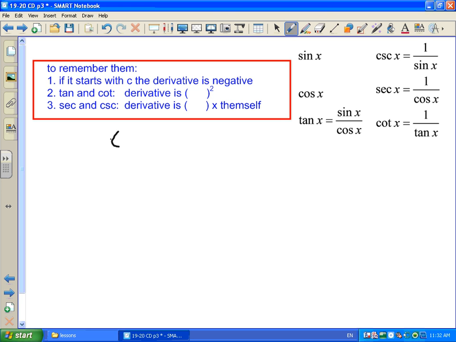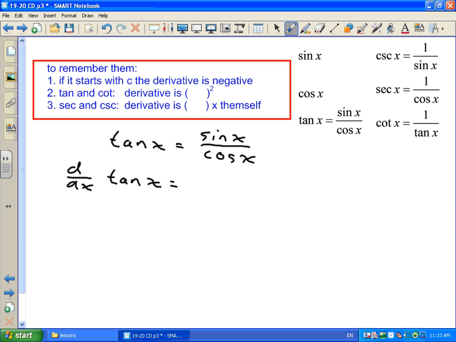If we're looking at tan x, I know that tan x is sine x over cos x. So if I want to do the derivative of tan x, d by dx of tan x, I just have to use the quotient law and use these two derivatives that I already know, because I have no trouble remembering sine x and cos x.